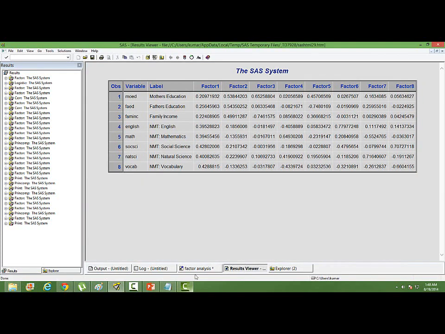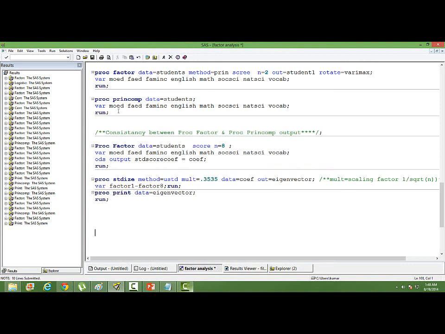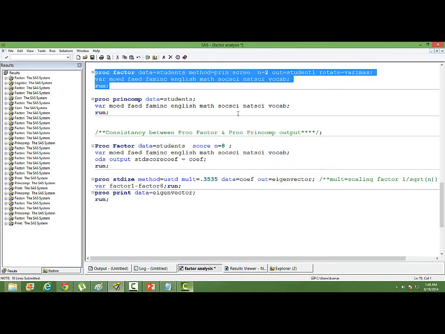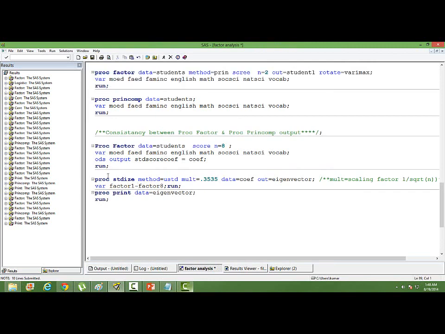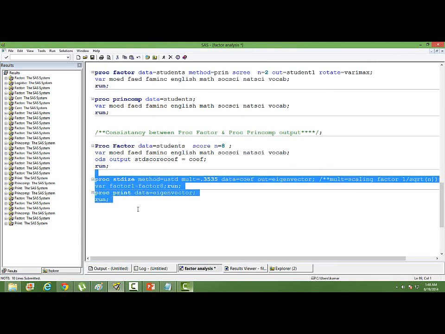Yeah, this result is from proc factor, and look at the loading on factor 2. It's 0.20. Remember what was the loading from PRINCOMP? It was 0.20, right? But earlier when we ran proc factor, the loadings were different. What we did here is that we just standardized the factor scores, or the principal component scores.